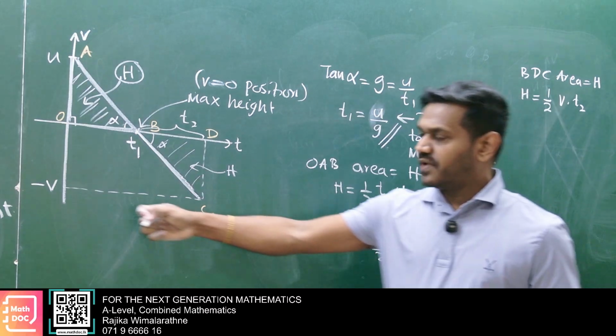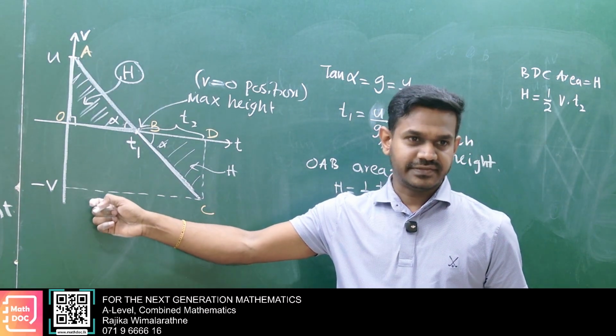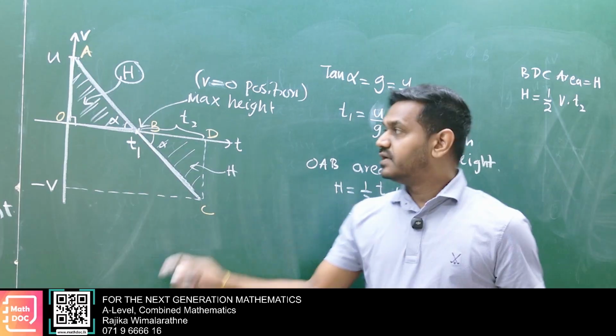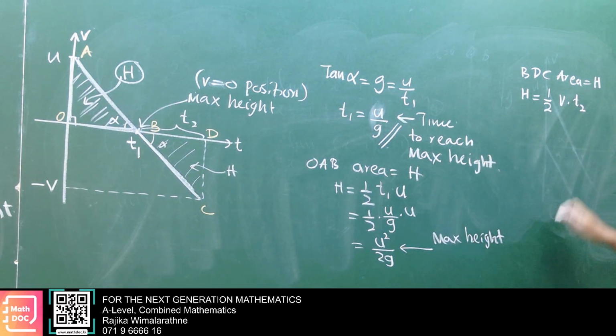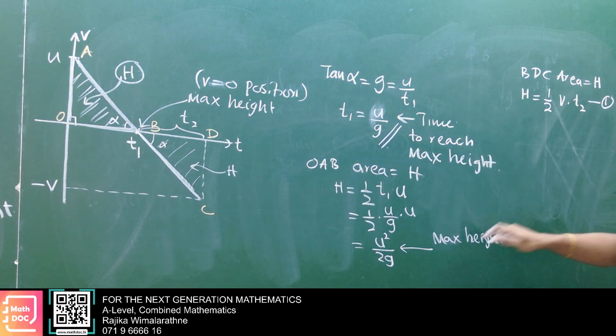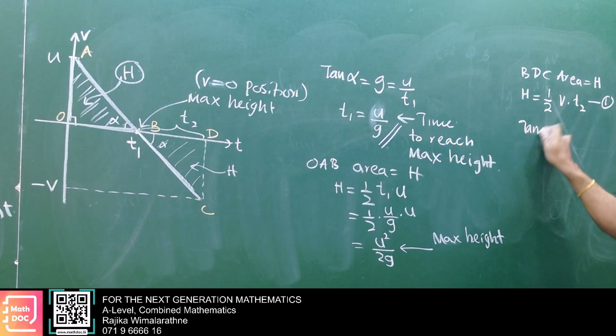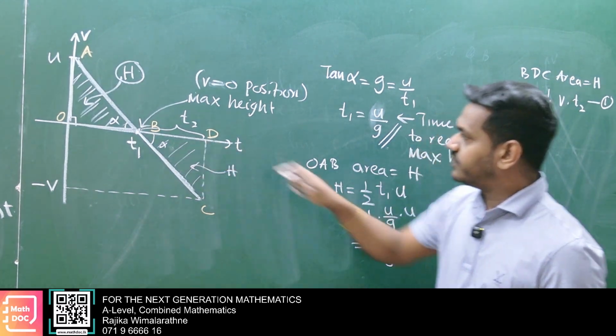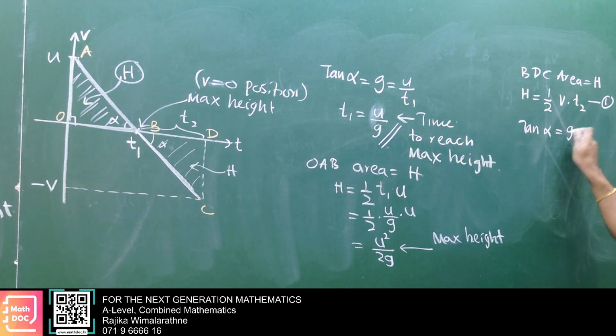So here velocity minus, but you don't get minus value, just get only positive value. Then here tan alpha equal V divided by T2, that is g, V over T2.